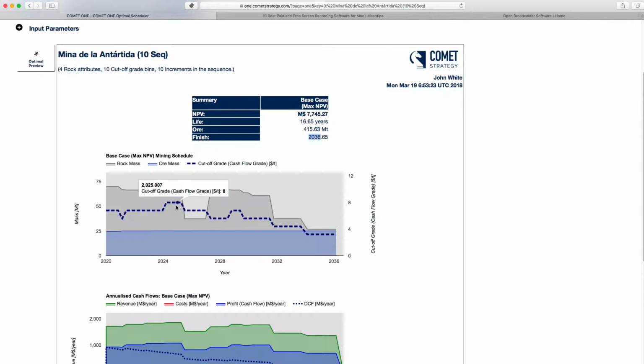That's why it's not called a declining cutoff grade, it's called a variable cutoff grade, because it goes up and down depending on the rock that's being mined, the remaining material, the costs and the revenue. All those things are taken into account to figure out what cutoff grade you should be using and how much of each capacity you should be consuming.